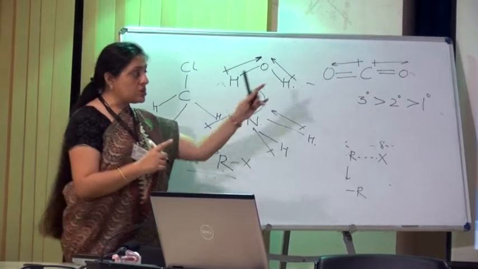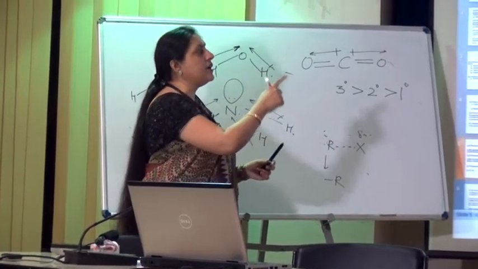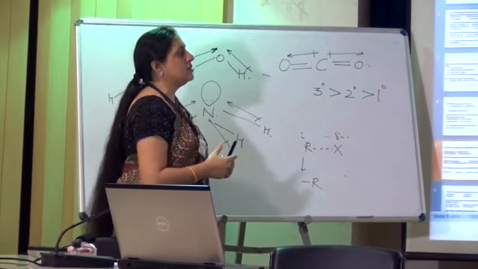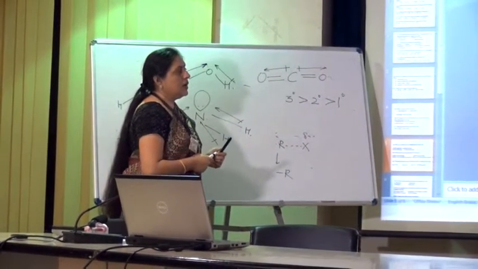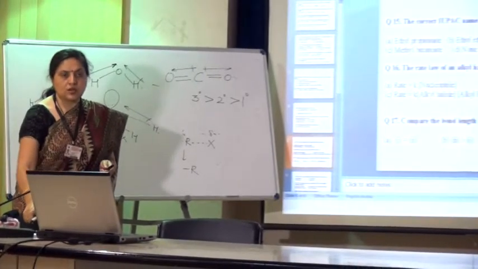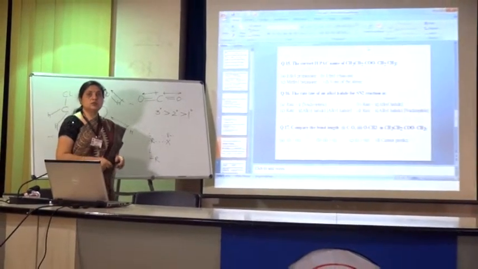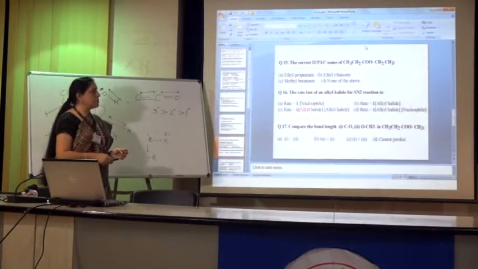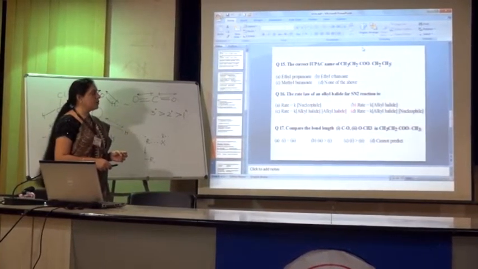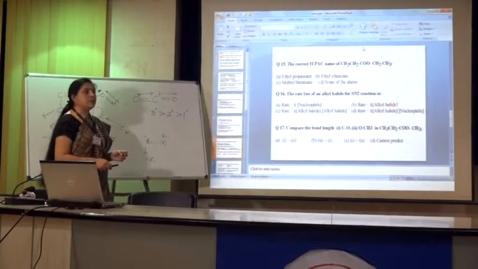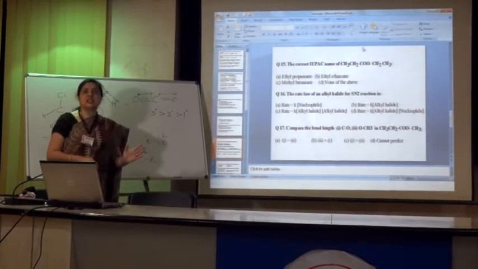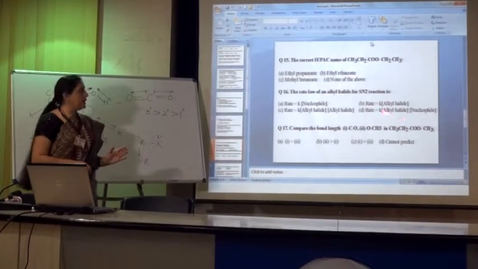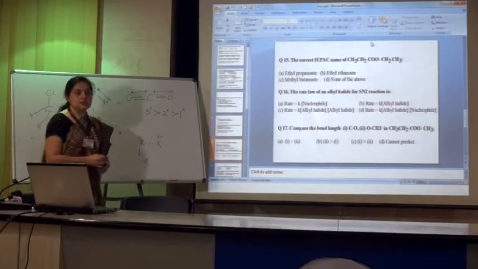So if the question is asked for SN1, what will be the answer? If it were SN1 here, what would your answer have been? What would have been the option? B. Very good. That is, the rate would have been dependent on the concentration of alkyl halide only. Clear? And here the answer is D.